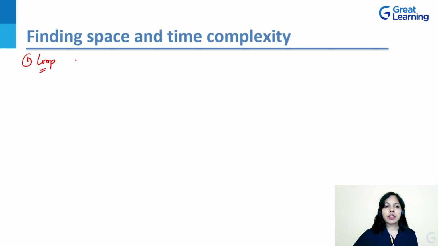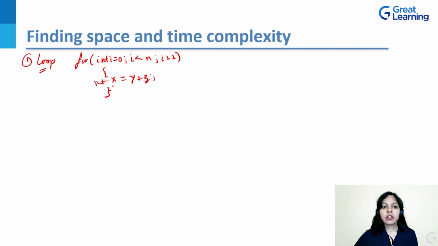If I talk about loops, the most frequently used loop is the for loop. Let's see: int i = 0, it goes till i < n, and i++, and then there is some statement here, maybe x = y + z. Let's assume that all these variables were declared before, in any programming language for that matter.